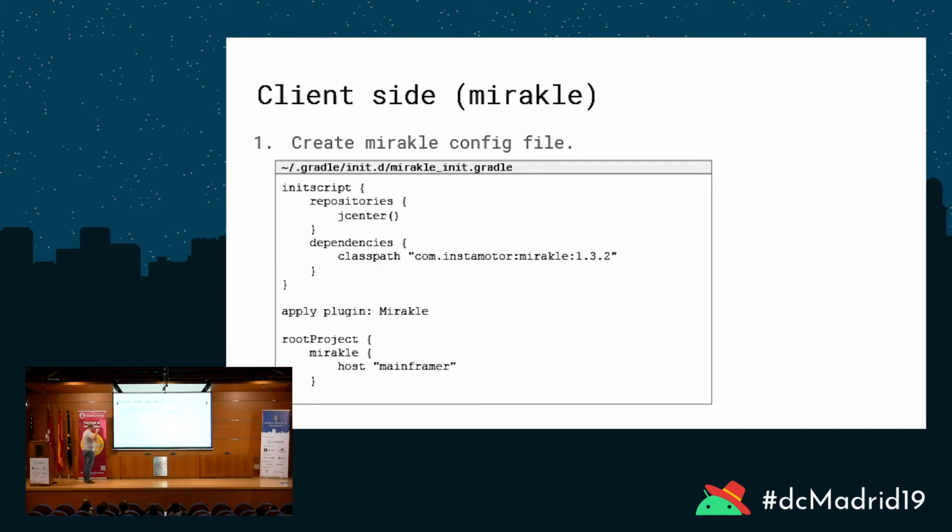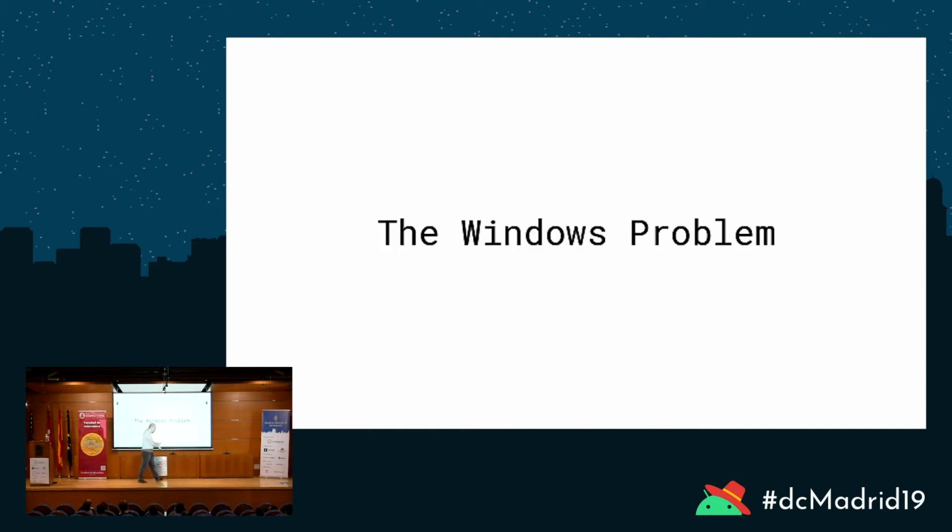And another thing that I wanted to say is, once you have that there in that directory, any Gradle command that you write is going to try to sync with the remote machine, which we need. There's a trick for enabling and disabling that. And yeah, the Windows problem.